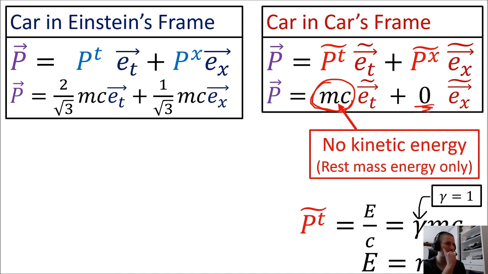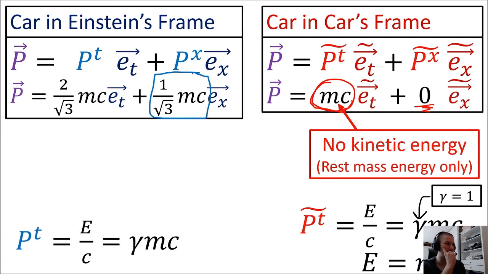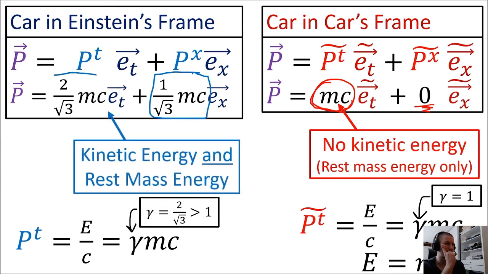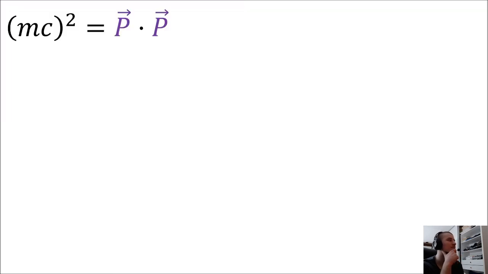According to Einstein, the car is moving. We can see that the car does have some momentum in the x direction. The time component of the 4 momentum, the energy, has also increased, because gamma is greater than 1 for a moving object. This means that the car has both rest mass energy and kinetic energy from its motion. But in both cases, the mass of the car is constant and unchanged.